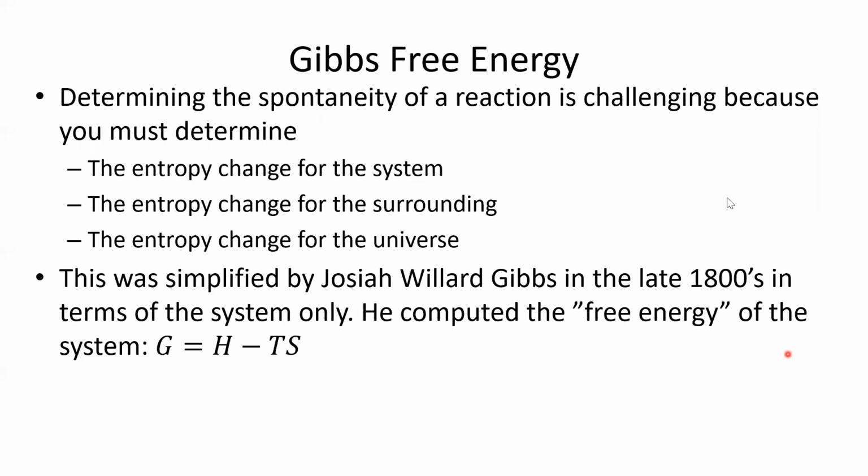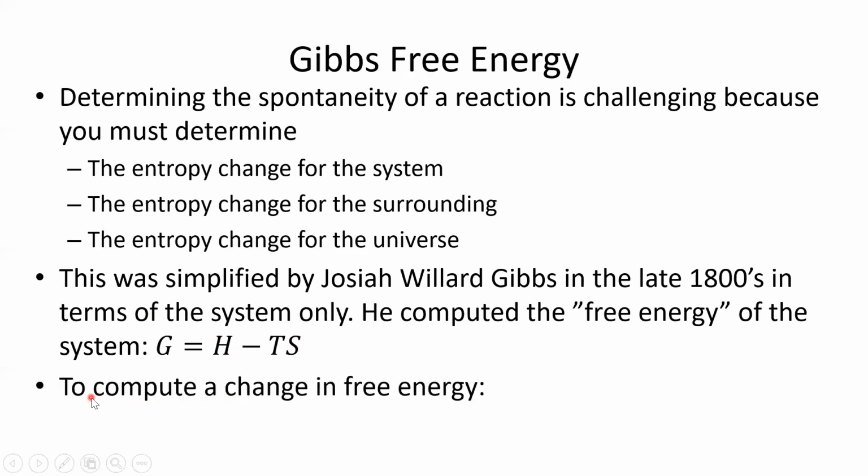He calculated the free energy that's available to the system when we look at a particular reaction. So this G value is what we call our Gibbs free energy. H is our enthalpy value, and T is temperature, and S is entropy.